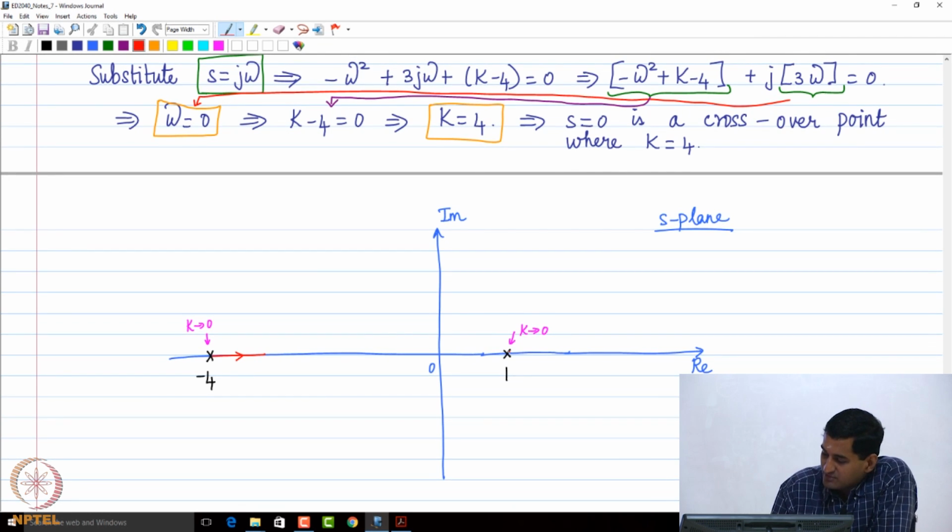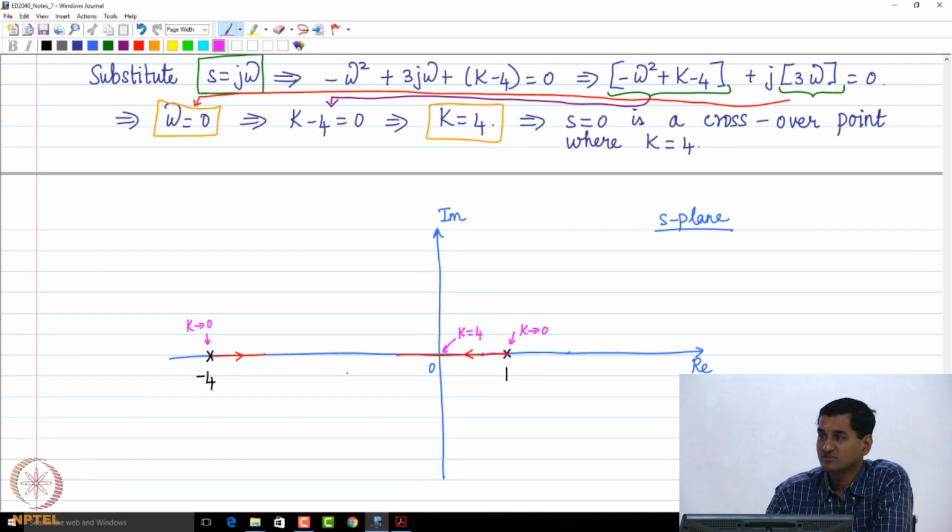So, one branch of the root locus starts from -4 and another starts from +1 in this direction, and of course, there is a crossover at 0. At the crossover point, you need to mark all the important points. At the crossover point the value of k is 4.